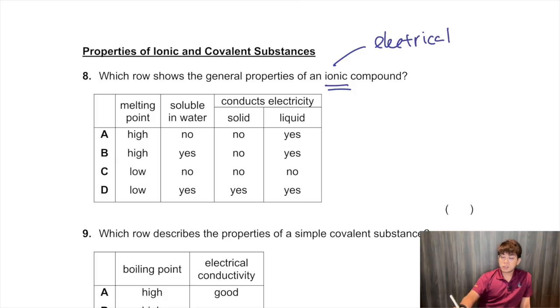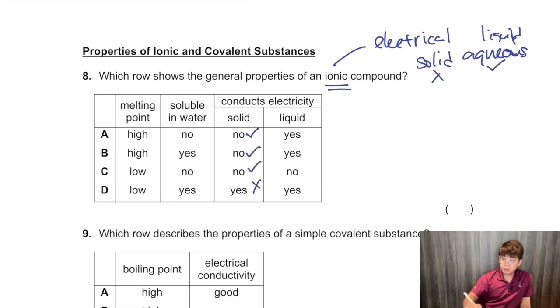Solid cannot, but aqueous and liquid can. So I'm looking for that one. So it's either one of these, and then melting point high, that's correct. And then ionic must be soluble in water. So the answer here is B.